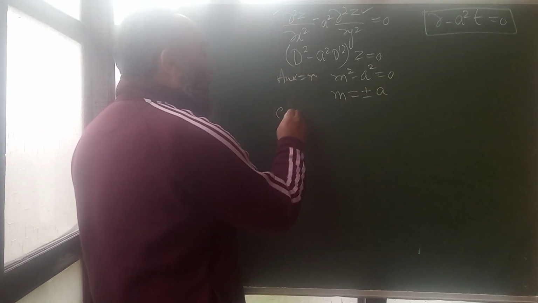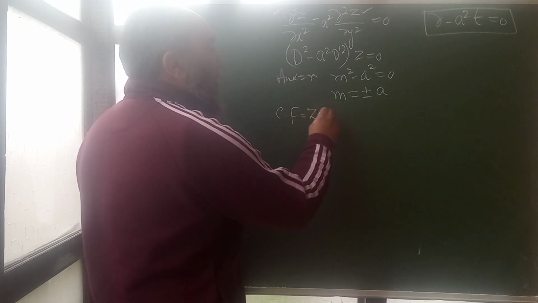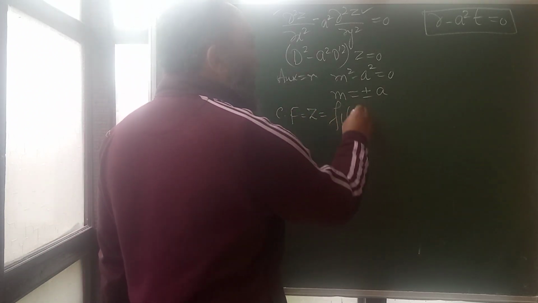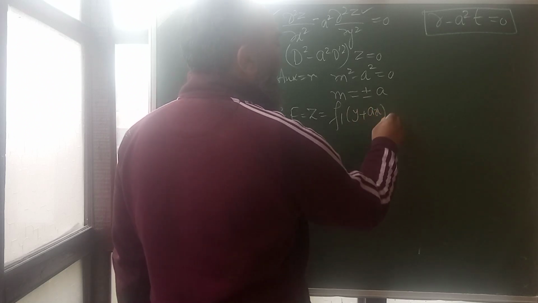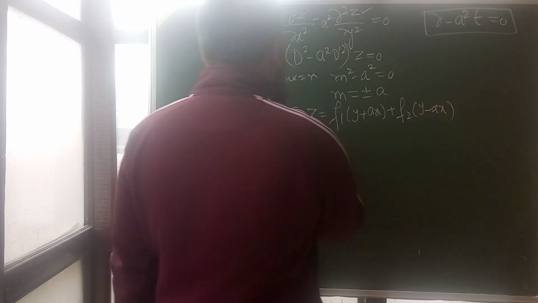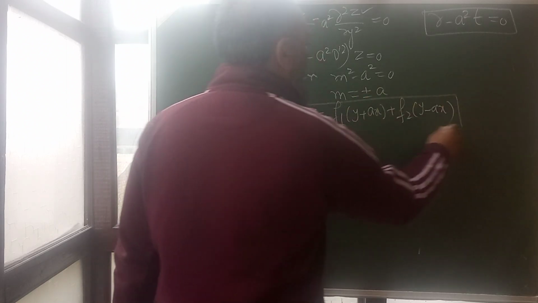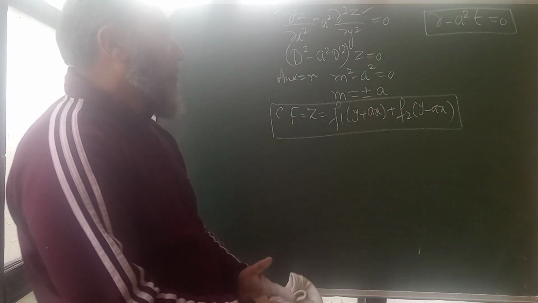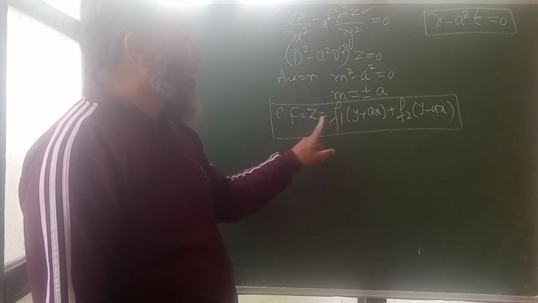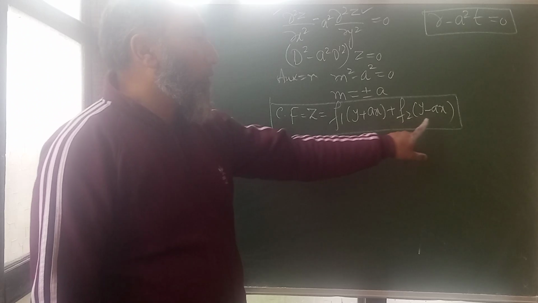So what is the complementary function? Which is z in this case because the right hand side is 0. It is function of y plus ax plus function of y minus ax. If you go through your second lecture, I have taken up this question. Formation of partial differential equation when z is function of y plus ax plus function of y minus ax.